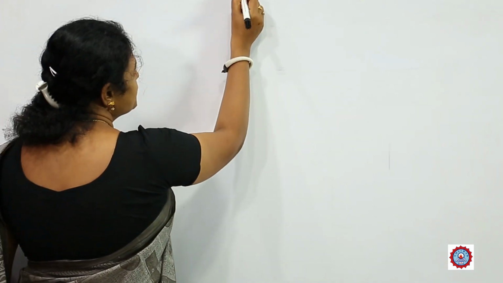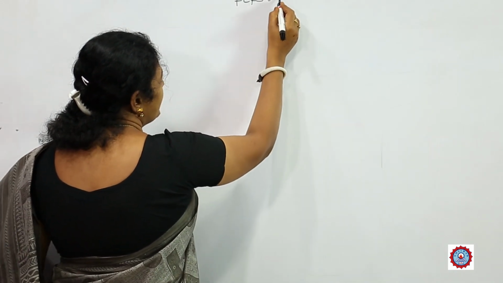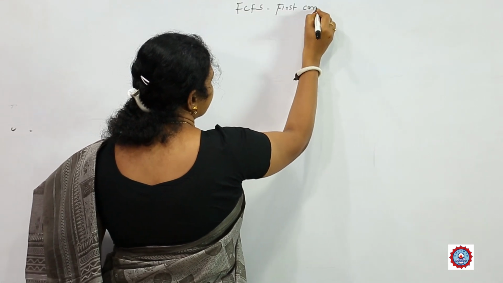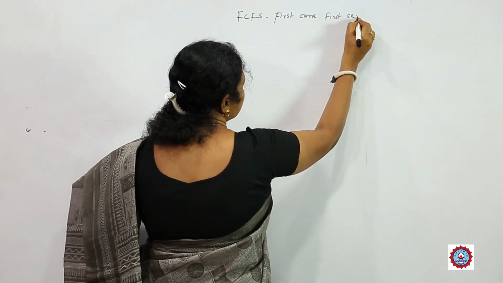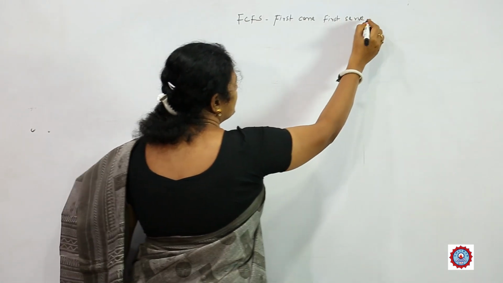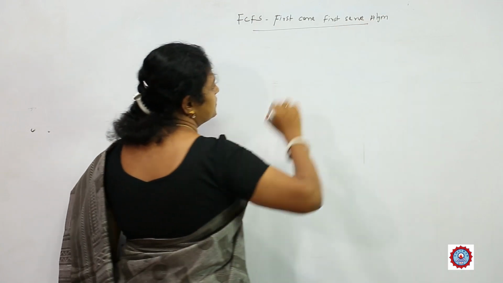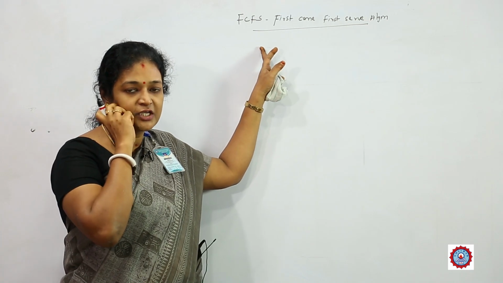In the types of algorithms, we are going to see about the FCFS, first come first serve algorithm. So, this is the first algorithm in the types of scheduling.